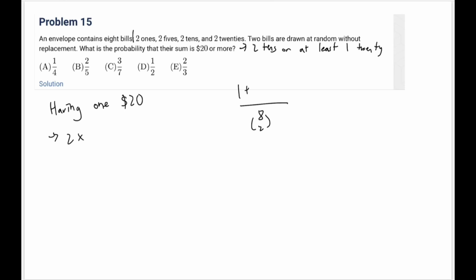And then we have to choose one from these 6, right? So it's 6 choose 1, so this is just 6, this is 12, so 1 plus 12, and then 2 $20 bills, this will just be 1, right? So plus 1, this is 14, that's 14 over 8 choose 2 is 28, so this is 1 over 2.